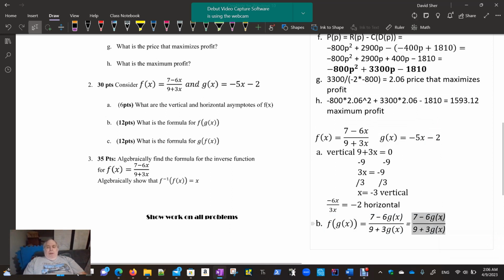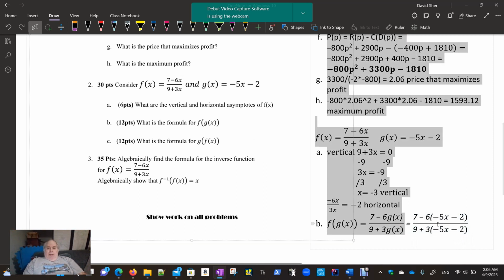So it's 7 minus 6 times g of x, minus 5x minus 2, over 9 plus 3 times, and we've got to remember to parenthesize that, g of x. Now we distribute on the top and the bottom.